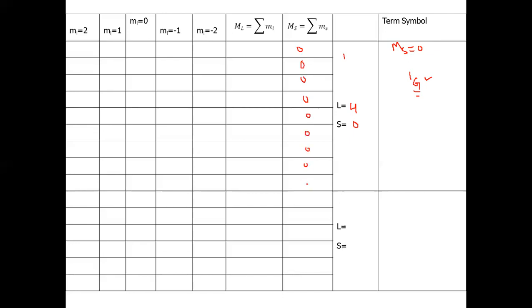Next, let us see the values of ML. Now L is equal to 4, which leads to values of ML equal to 4, 3, 2, 1, 0, -1, -2, -3, and -4.